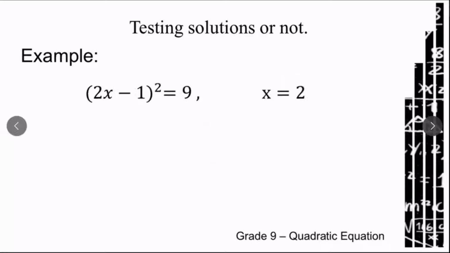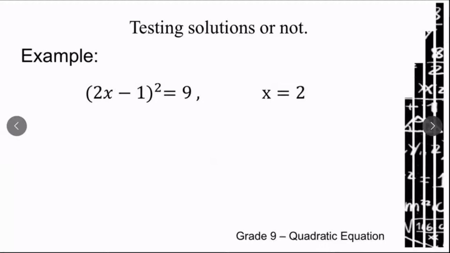Next, let us have our second example. You can pause the video and try it out by yourself, and see if you will identify whether the given x is a solution or not. Okay, let us substitute the value of x in our expression.